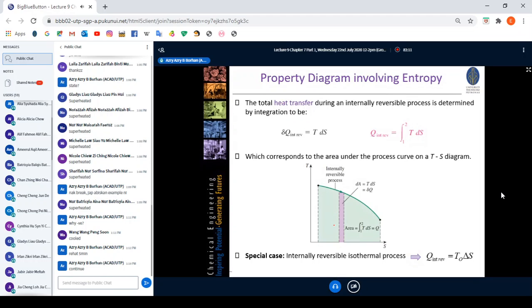The area under the process curve basically will give you the amount of energy transfer by heat transfer Q, right? So guys, let's say in this example, you have some sort of a curve.